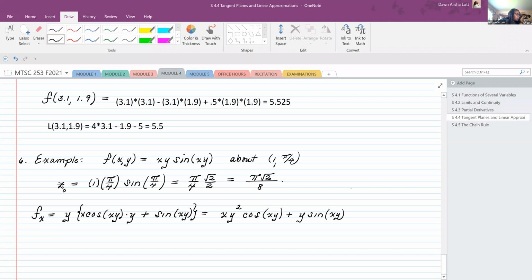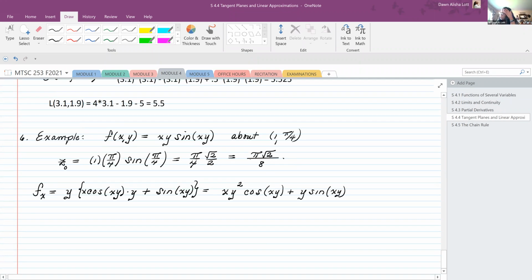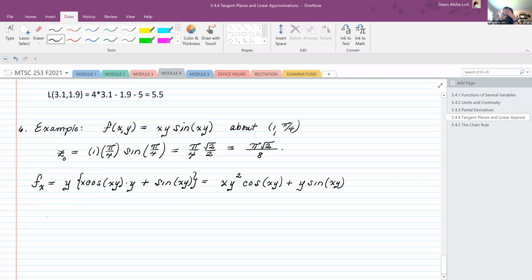What made me pick this problem? I must have been sick in the head. So f sub x at 1, pi over 4 is then pi squared over 16 times the root of 2 over 2 plus pi over 4 times the root of 2 over 2.